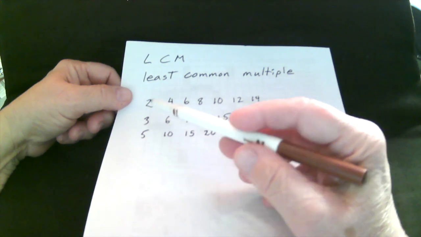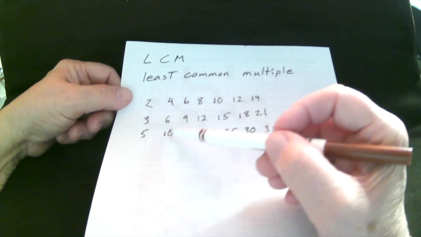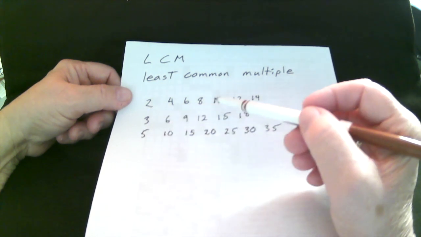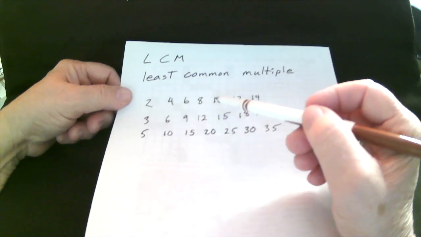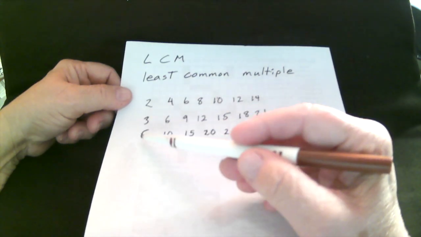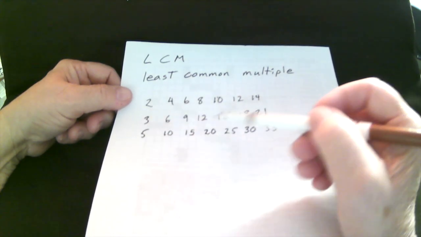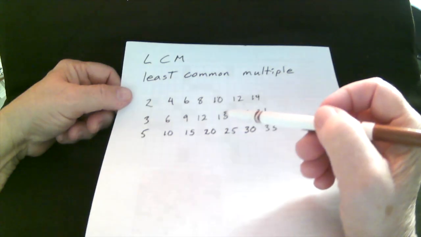If you look between 2 and 5, 10 is the least common multiple. If you look between 3 and 5, 15 is the least common multiple.